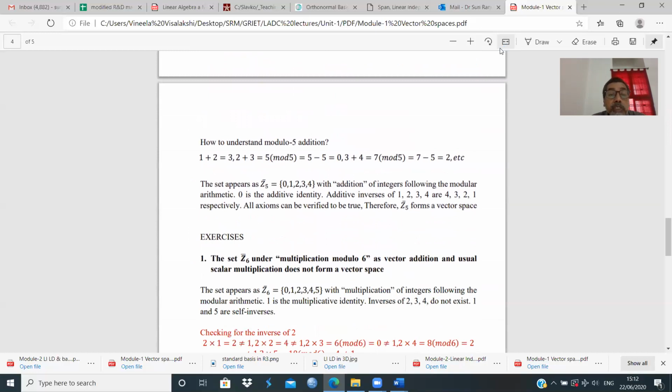But when you take 2 plus 3, it is 5, and 5 mod 5 should be calculated as 5 minus 5, 0, and 0 is inside Z5. When you take 3 plus 4, the output is 7. 7 mod 5 will be 7 minus 5, that is 2. Therefore, that is very much inside the set.